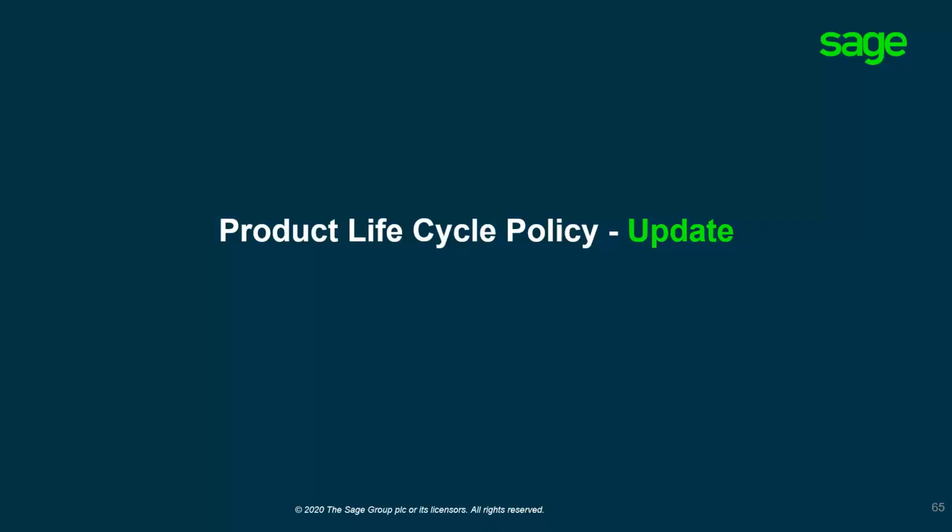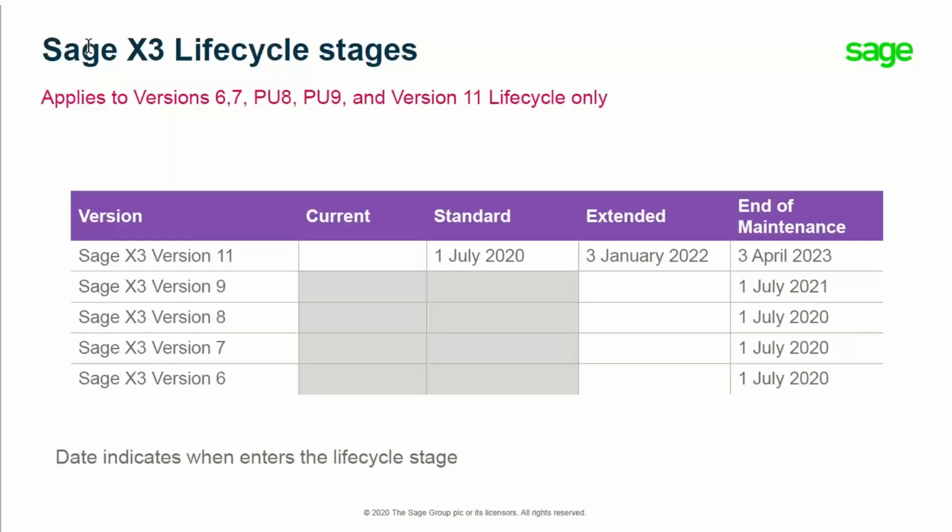Now, I still have maybe a couple of minutes left. Just a very small update or reminder, because we believe that you have been informed about the product life cycle. Partners and customers were informed. So just a friendly reminder: for version 6, 7, 8, the end of maintenance was in July this year.